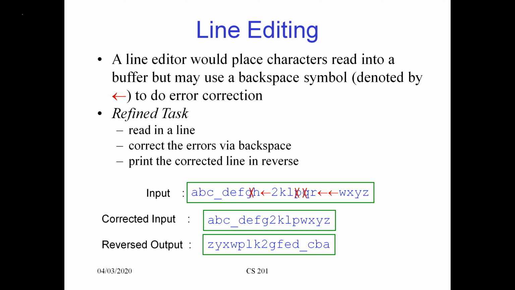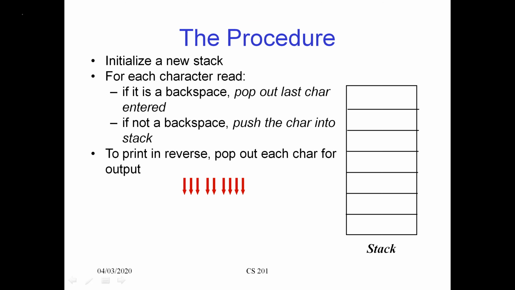Line editing is something like when we are typing input characters and deleting some characters. The output is generated, and every character gets into the stack, and then when you take them out, you get all the characters one by one. You may read in a line and correct it. Talking about the procedure, you initialize an empty stack, and then for each character you read, if there is a backspace, you pop.